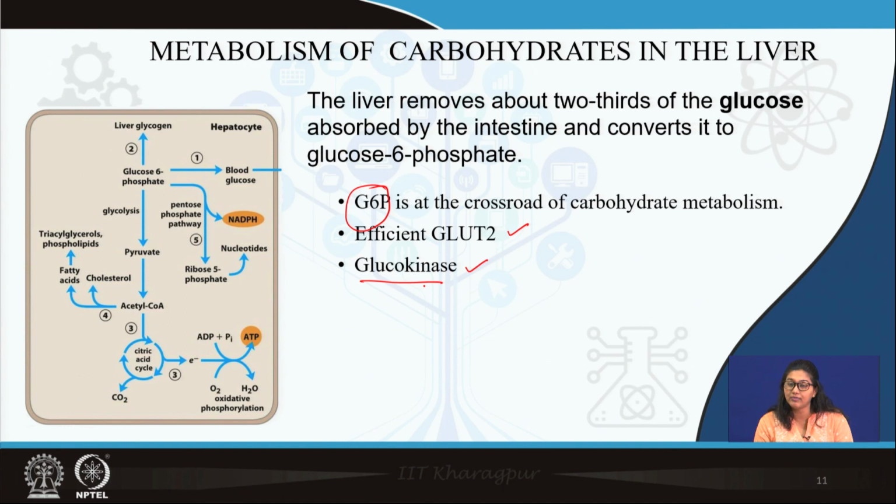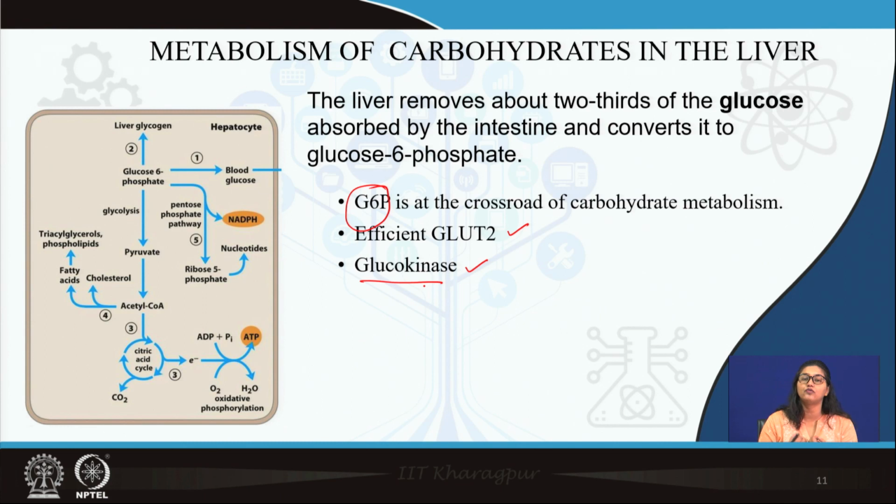Now, if you remember, the Km value for glucokinase is very high, around 10 millimolar once again. So, whenever there is a very high rise of blood glucose level, there is uptake of glucose inside the cell, and that is converted via glucokinase.